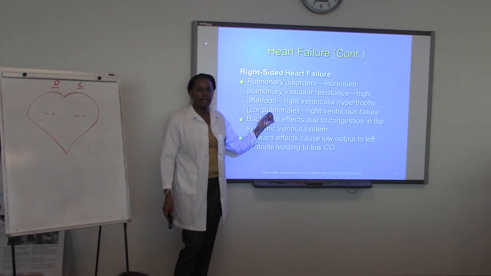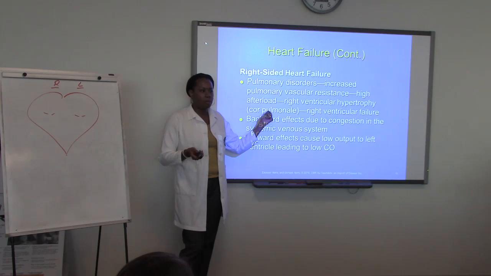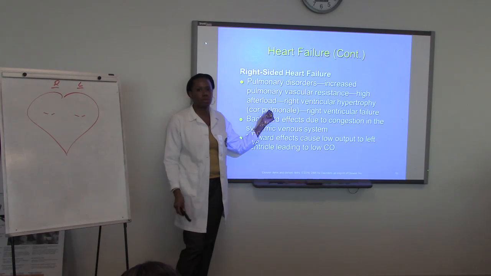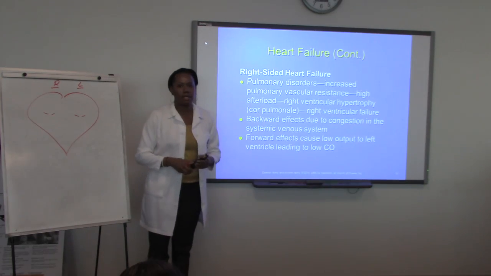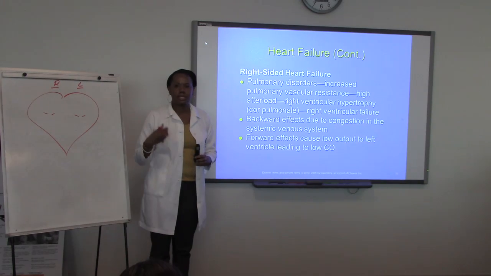So cor pulmonale is a term for right-sided heart failure due to some primary condition. Or I should say, due to some sort of cardiac condition or pre-existing condition. Let's put it that way. Yes. Cor pulmonale is right-sided heart failure due to some sort of pre-existing condition.